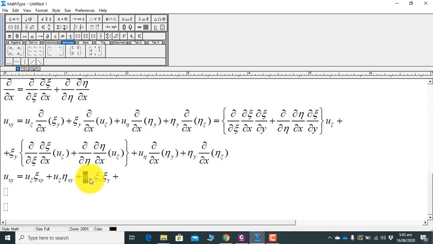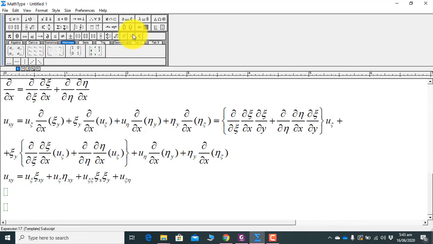similar to that. We have u xi, xi x, xi y, so the answer will be u xi eta. You are having u xi eta, and u xi with respect to eta x and xi y.